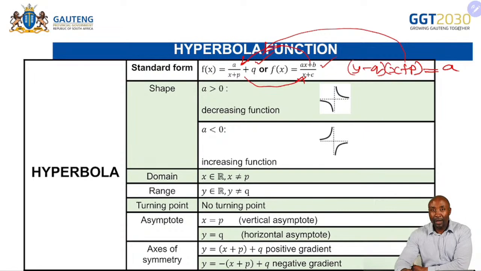Same as for our hyperbola. Please, we need to understand what the parameter represents so that we do not lose marks. Those are common mistakes that we have seen before. Question says determine the value of a, because for a linear function we use gradient. The person sees 2 points and just calculates gradient, and it's a wrong way of doing it.